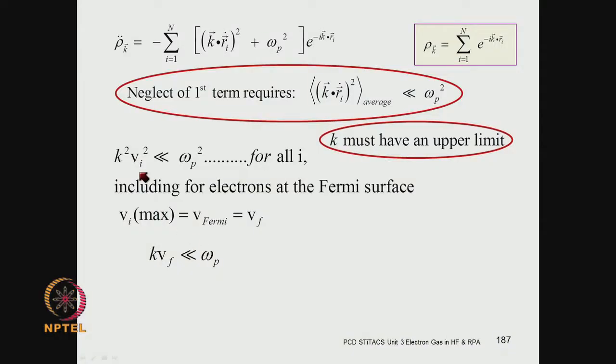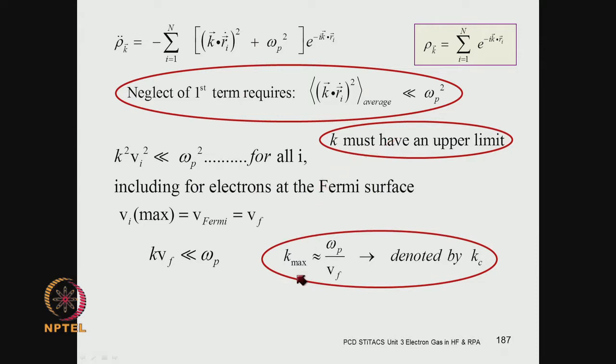So, if you choose kVf to be much less than omega p, then you can throw the first term in relation to the second. So, that gives us a very simple condition on the maximum value of k.